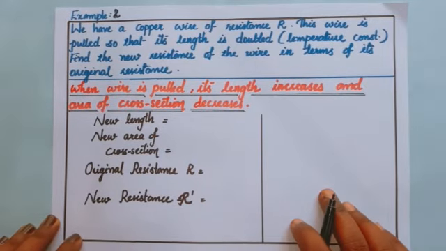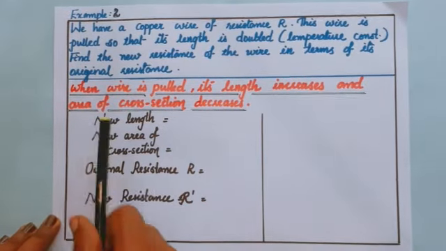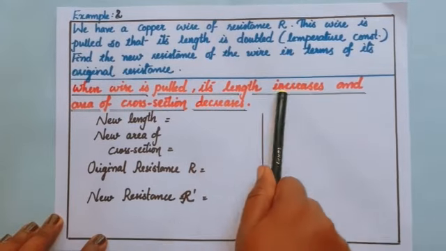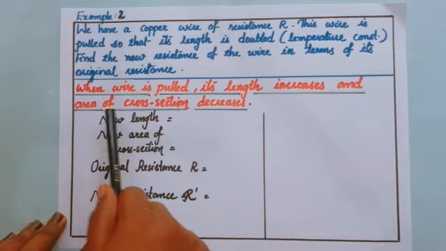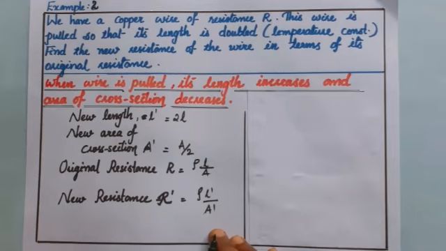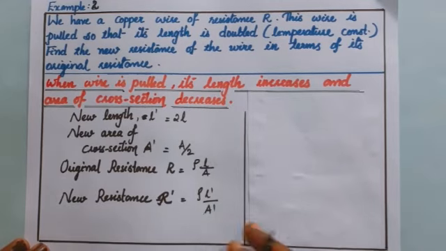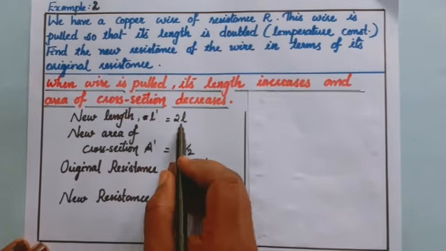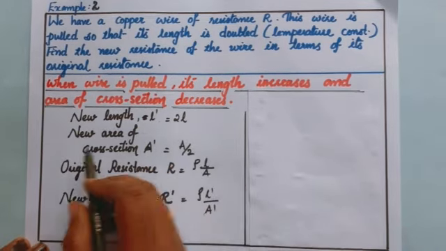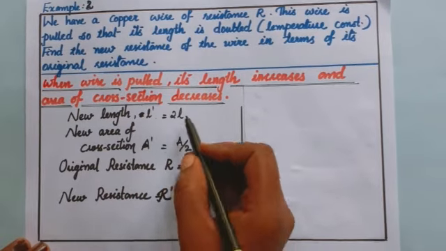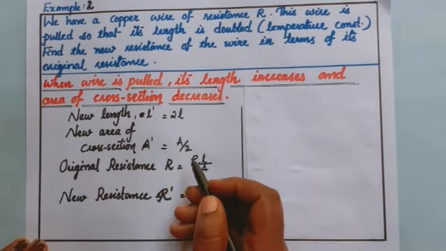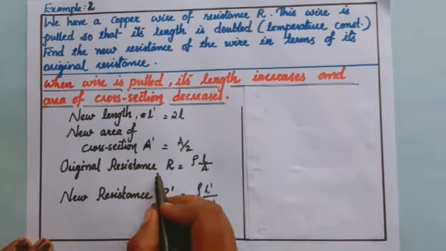When a wire is pulled, its length increases and its area of cross section decreases. Here the new length L dash is equal to 2L, and the new area of cross section A dash is equal to A by 2. When length is doubled, area is halved.